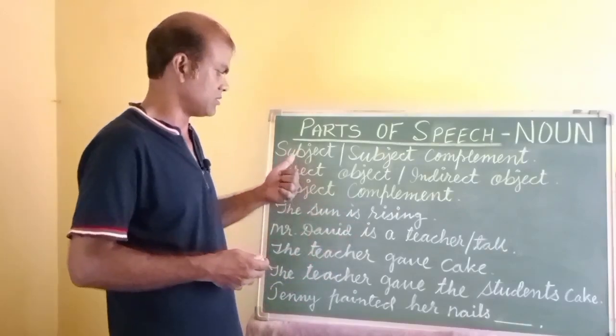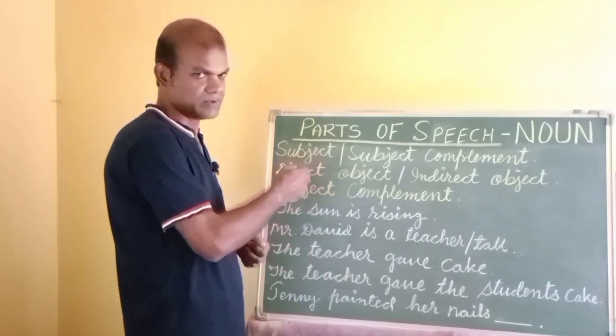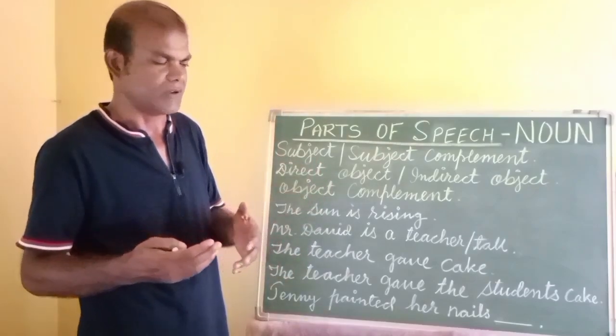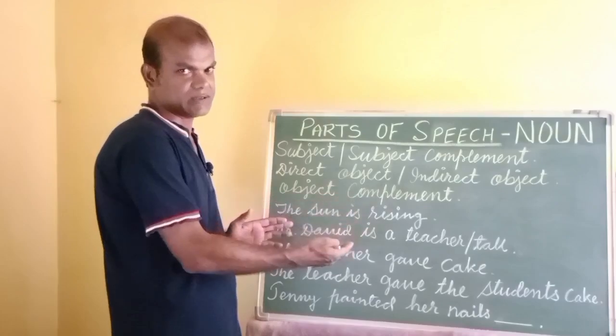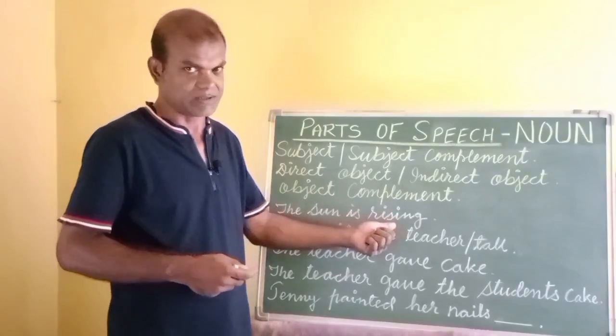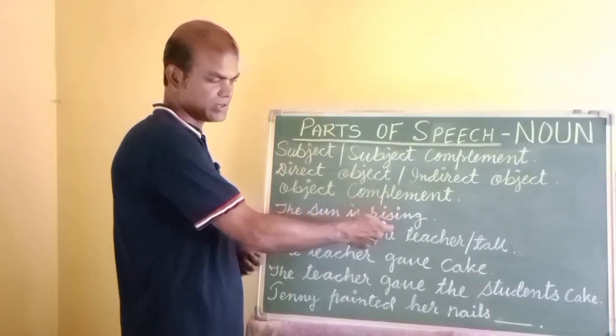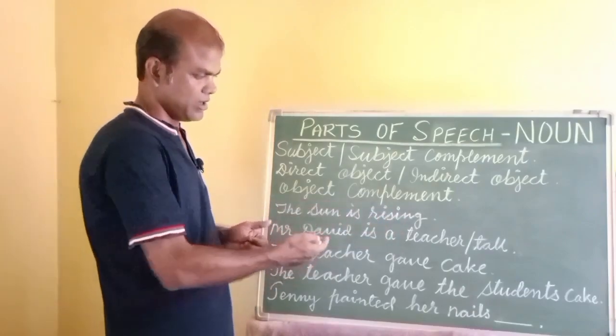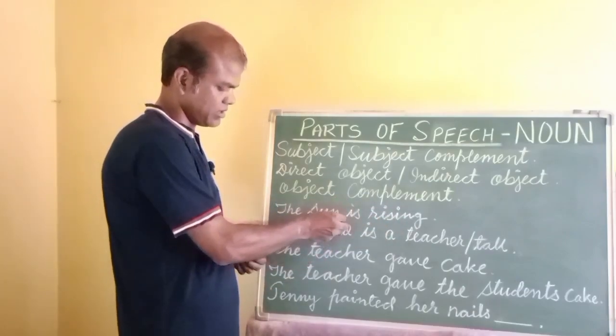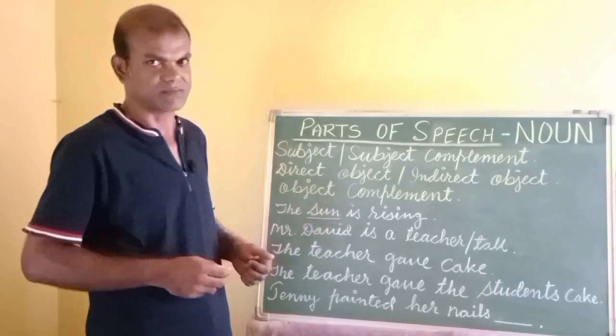So now we are going with the subject. Noun can be a subject in a sentence. Now, the sun is rising. This is a complete sentence. In this sentence, the sun is the subject.